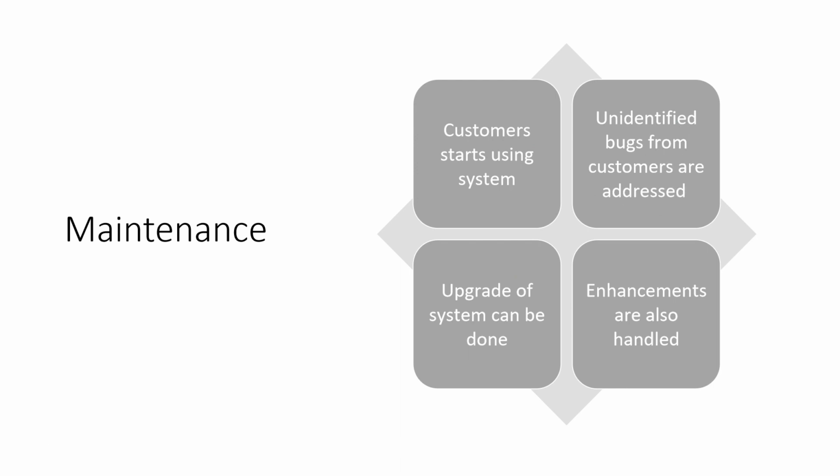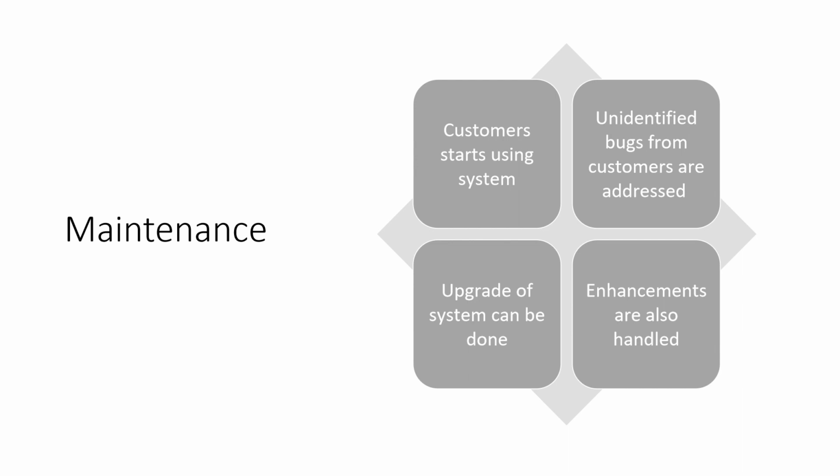See, I am using WhatsApp now. As a customer, I keep using it. It is already developed, tested, it has gone through all phases, and it has come to me. Now what happens is, when I try to send a message, something goes wrong. Okay. When I touch on it twice or thrice only, the send button sends my message. So this is a bug which is identified after coming to a customer.